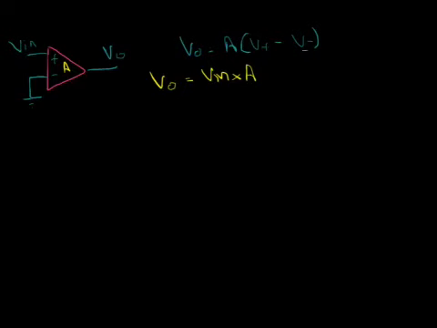But what happens in real life is that this A is very inaccurate. Say if you want an A of 10 raised to 4, it can go from anywhere from 10 raised to 3 to 10 raised to 5. And that creates a very big problem, especially since this is such a large number.